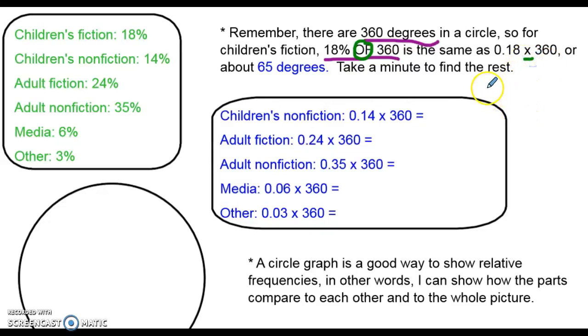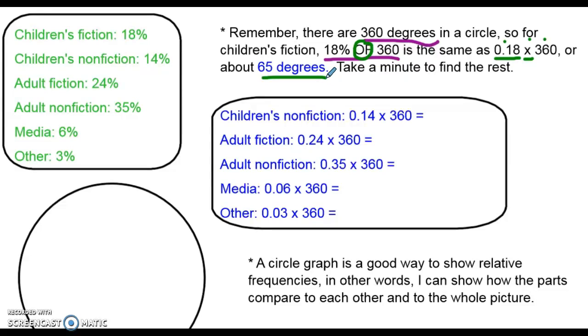So I'm going to take my percent, I'm going to use my decimal, so 18% is the same as 18 hundredths, or 18 per 100, and I'm going to multiply by 360. So this is 18% of 360. And when I do that on my calculator, I'm going to get 65 degrees.